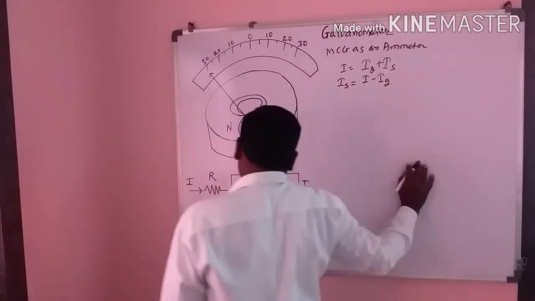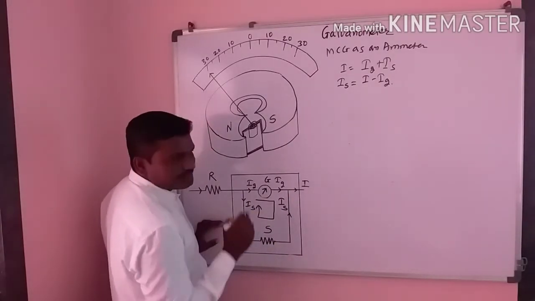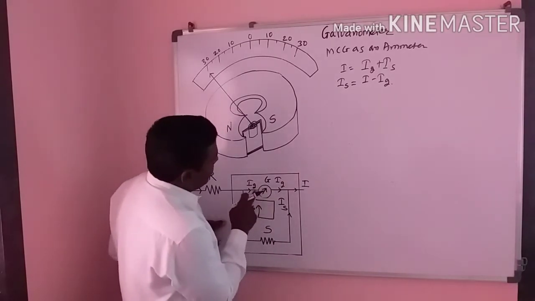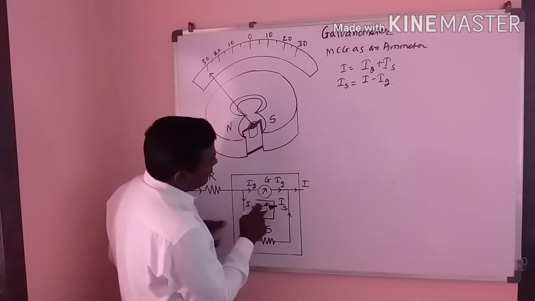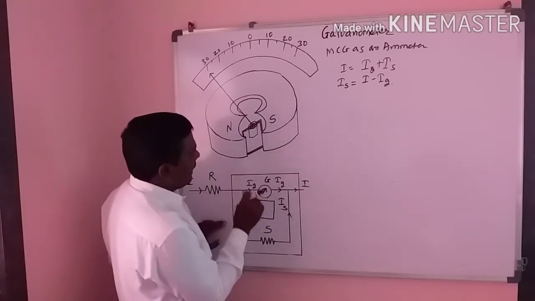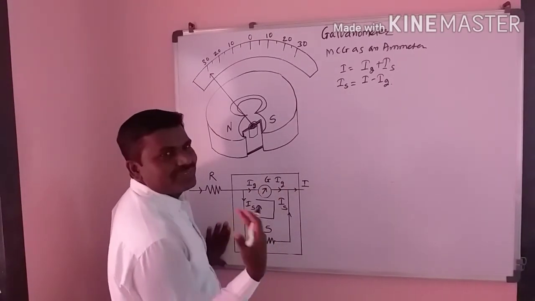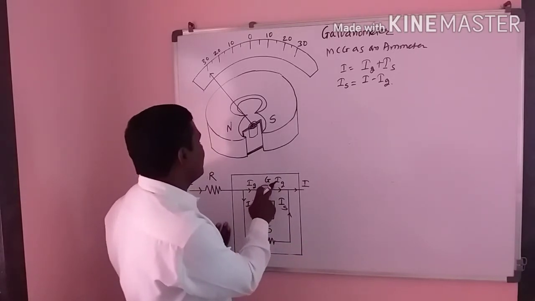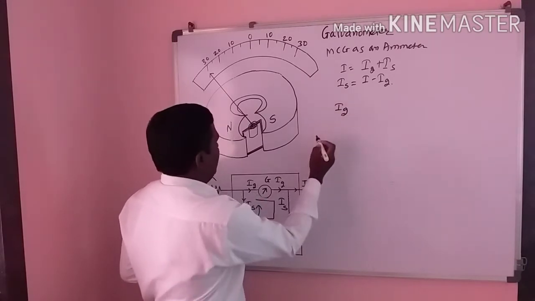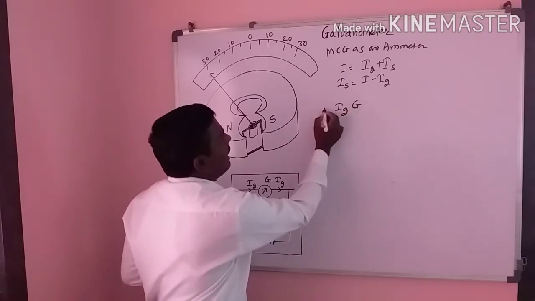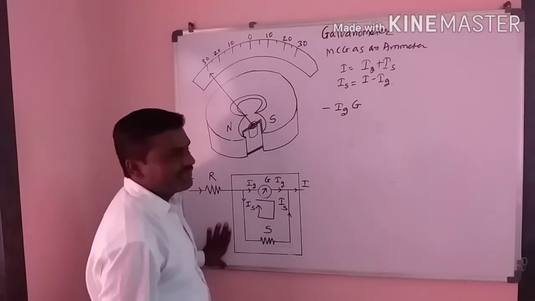Now we apply Kirchhoff's voltage law. Consider this the tracking direction. When the direction of tracking and the conventional current are in the same direction, the potential difference has a negative sign, so the potential difference across the galvanometer, Ig into G, should have a minus sign, because it is along the direction of conventional current.